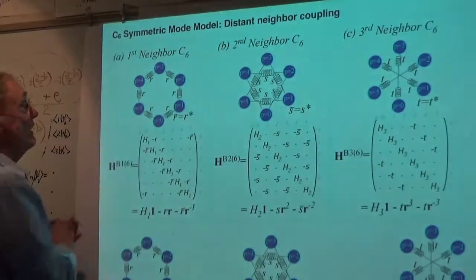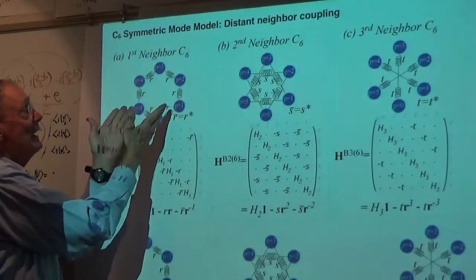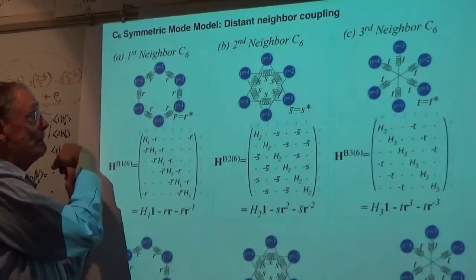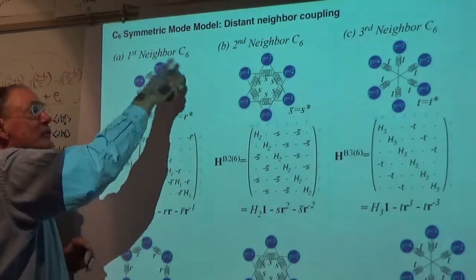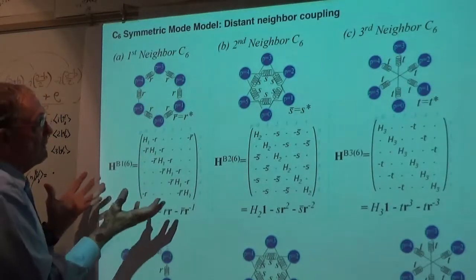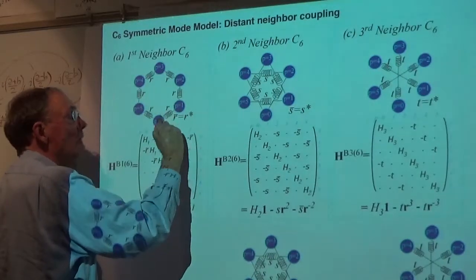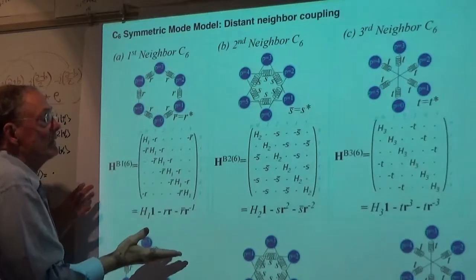But with C6, I got a lot of ways I can tie the various masses together, that is, couple them. The usual one, called the block coupling, is just the nearest neighbors. And if we're talking about a quantum system, we're talking about a tunneling amplitude between here and here, that's using the same notation.